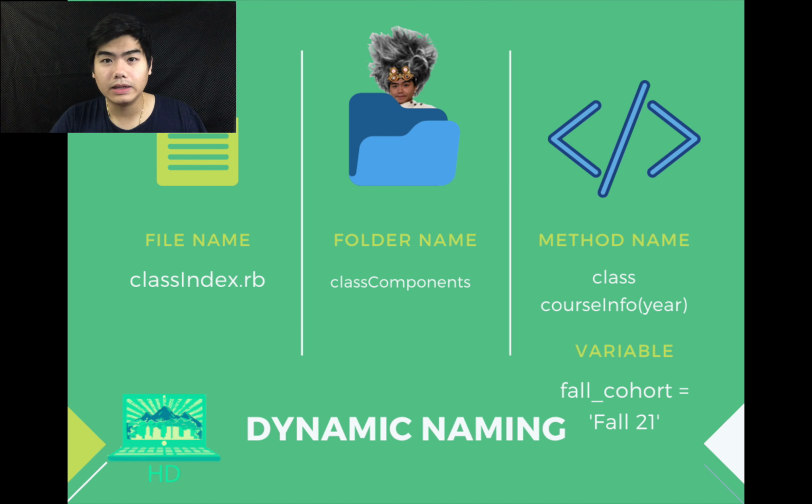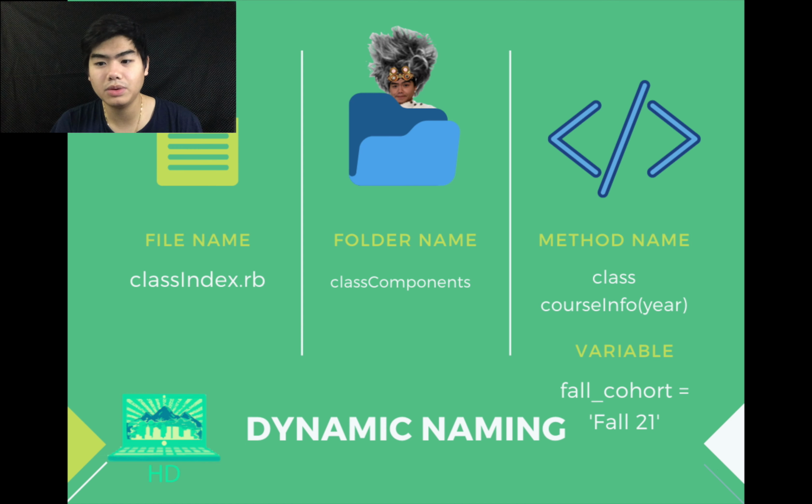A better solution to the problem is having dynamic names. With dynamic names, you can name things in a way that is easy for you to understand. Because in the last problem, if you are using that inside of a live project, all of your collaborators are confused about what it means when you say class.